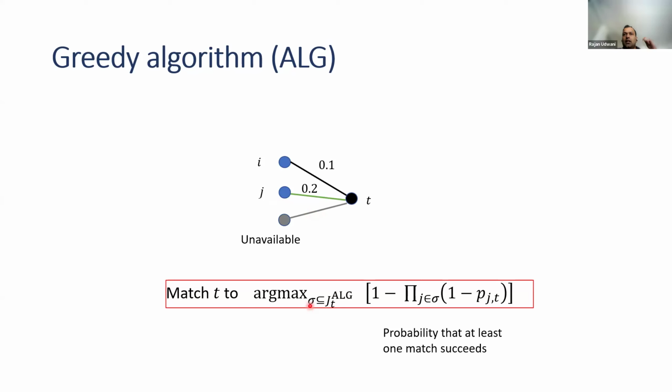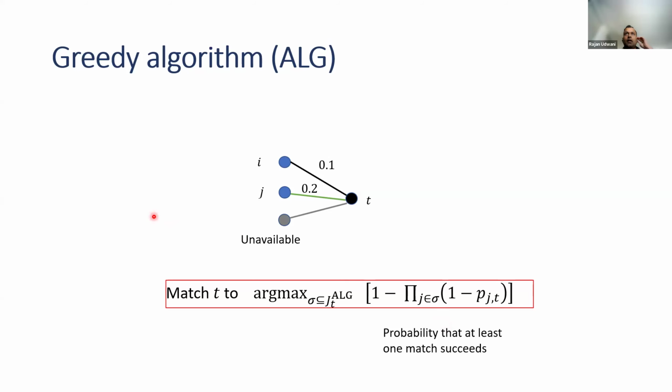But nonetheless, if I search over this large space and I manage to find some sequence sigma, the overall probability that I get some reward from matching T to the resources given by sigma is just 1 minus the probability that all of the matches fail. So that's the overall probability that at least one of the matches in the sequence sigma succeeds. And the greedy algorithm tries to maximize this. It could be subject to some constraints on what kinds of sequences are permissible. And that can lead to some complications in how the LP relaxations are set up, but we will be able to bypass all of that.